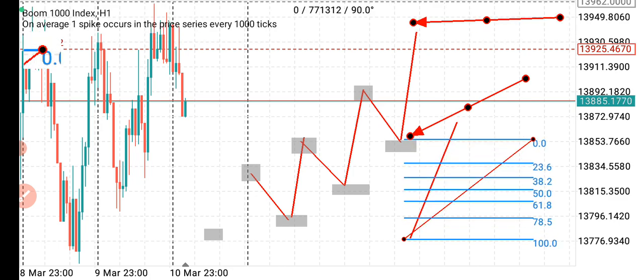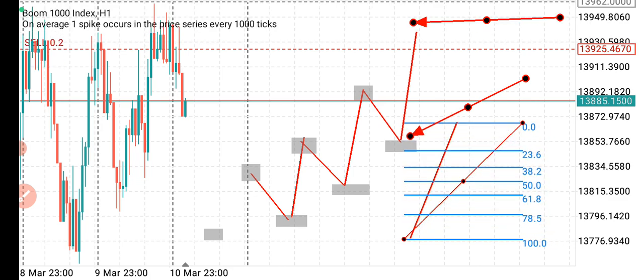I need you to observe what I want to do. Now, you will know that price move before forming this leg.